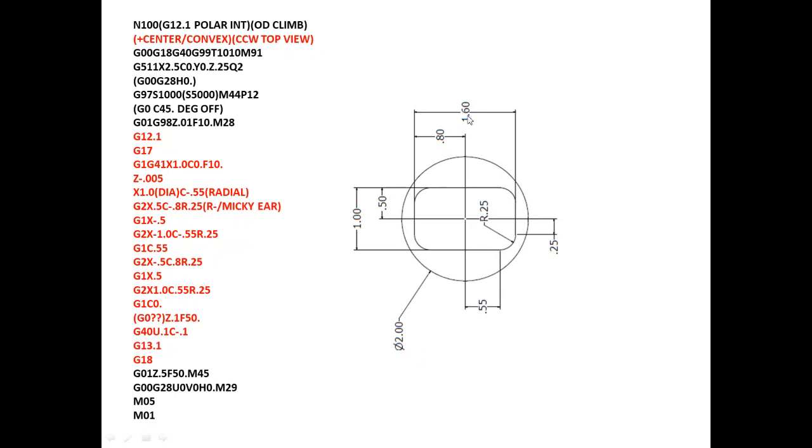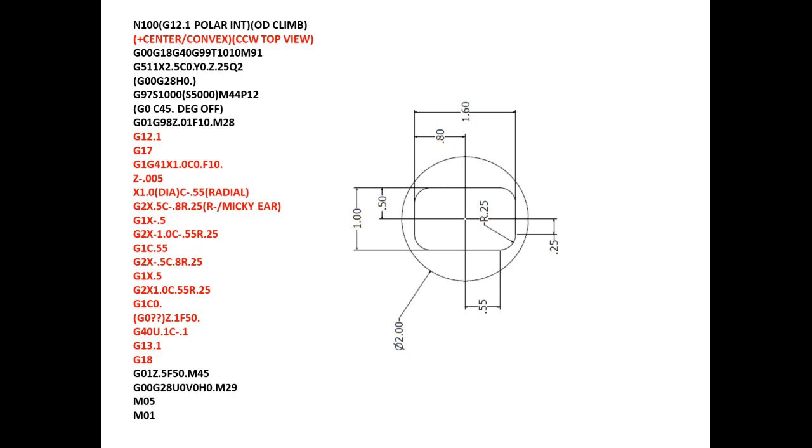The 1.6 dimension, from the center line, will be 800 thousandths, so we have C minus 0.800. And we need to put the R radius value. This is an easy example to program manually.